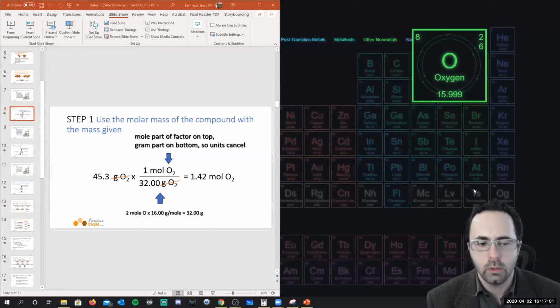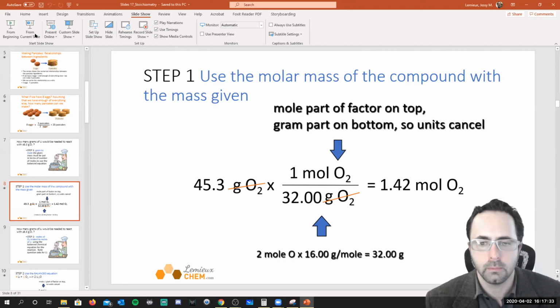And a mole of O2 has 2 moles of those in there. We have 2 moles of oxygen in a mole of O2, 16 grams per mole of oxygen, rounded to 4 sig figs here. And we get 32 grams. Oh, okay. Yeah, I should have pointed to the periodic table there. Sorry about that. But yeah, that's how we got that.